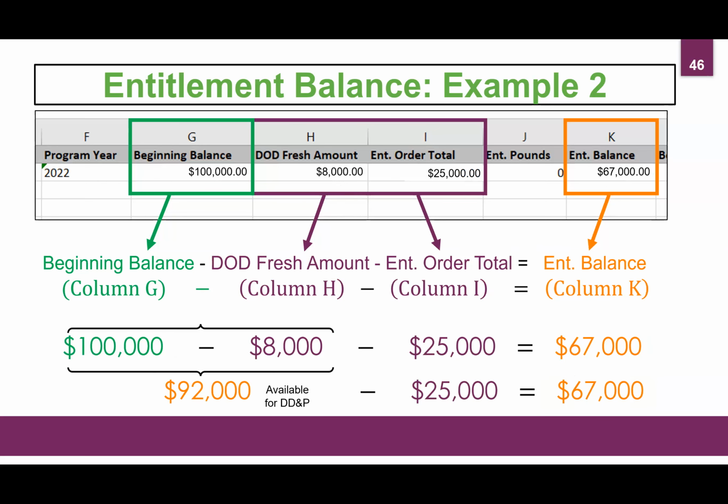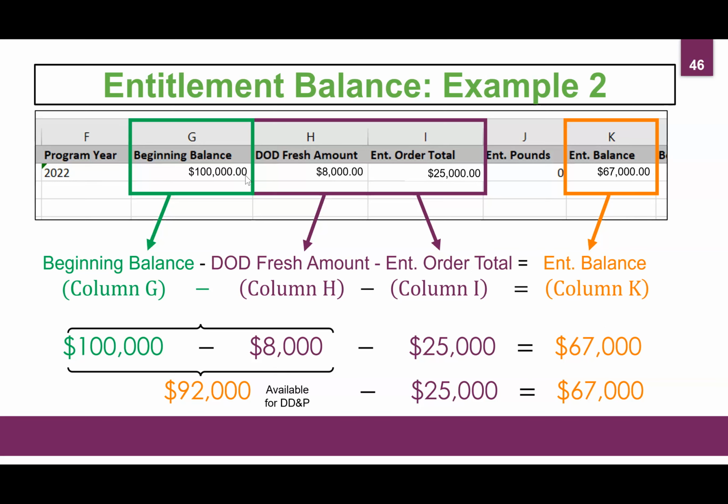Okay, so here on this example, you're able to see that your beginning balance was 100,000. That 8,000 was already taken out for your DOD fresh. And then you did use some entitlement, about 25,000. So they're going to take that 25,000 out of the 92,000, and that's going to leave you 67,000 for your entitlement.